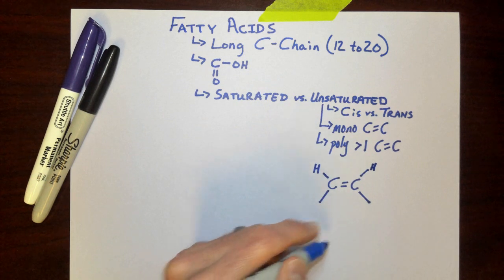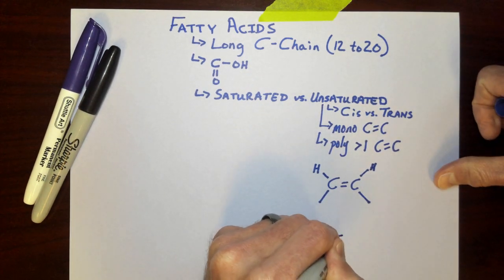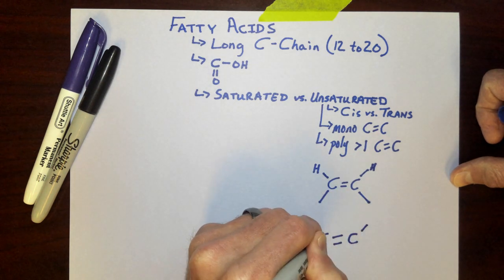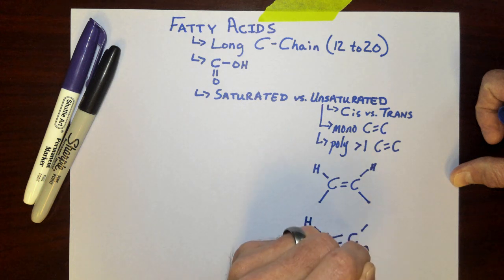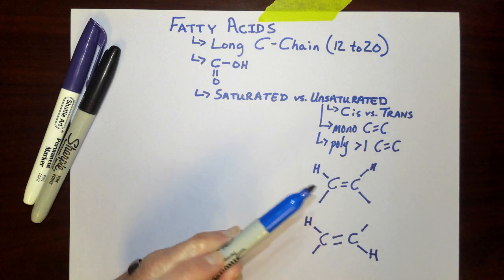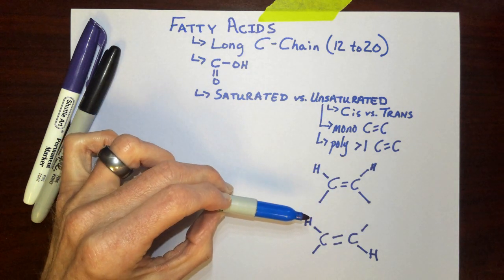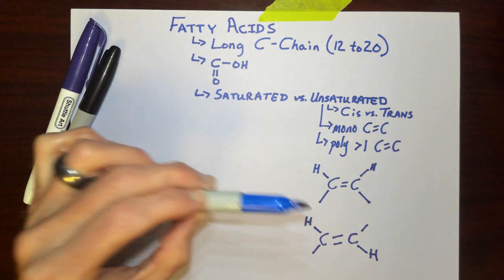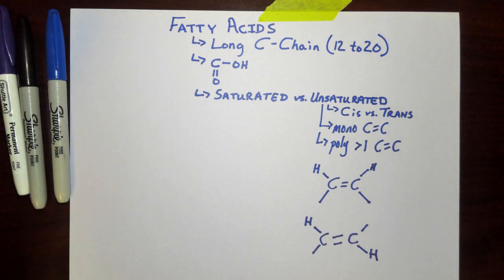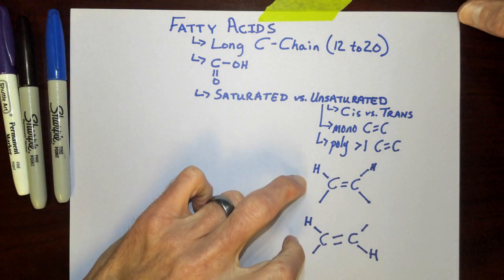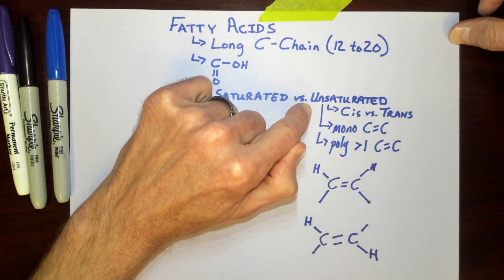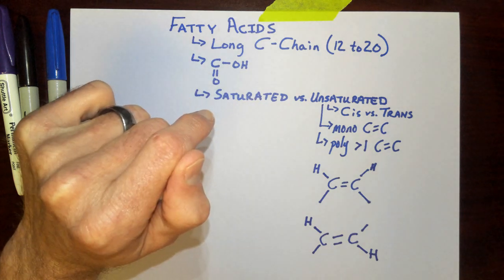Or it could be that you have the trans configuration, where the two priority groups are on opposing sides. So this can lead us to having different shapes, different arrangements. You've heard of the phrase trans fats, saturated fats, unsaturated fats. The cis and trans configuration inside of these unsaturated fats can lead to different properties, different outcomes.